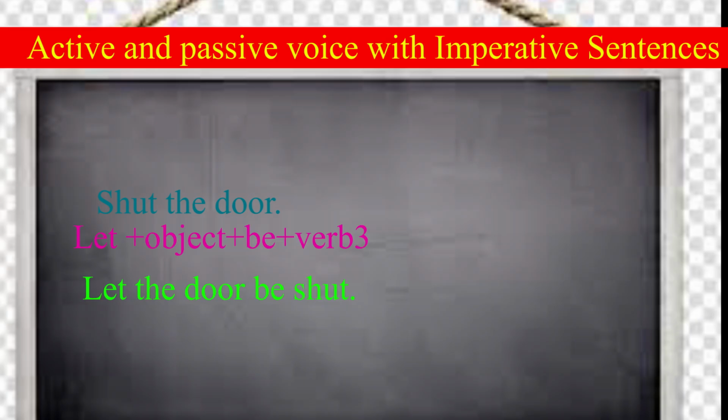Let the door be shut. The necessary one here is the subject, whereas in here it is the object. The active part is the door rather than the action. Shut the door, there is someone here, you shut the door.